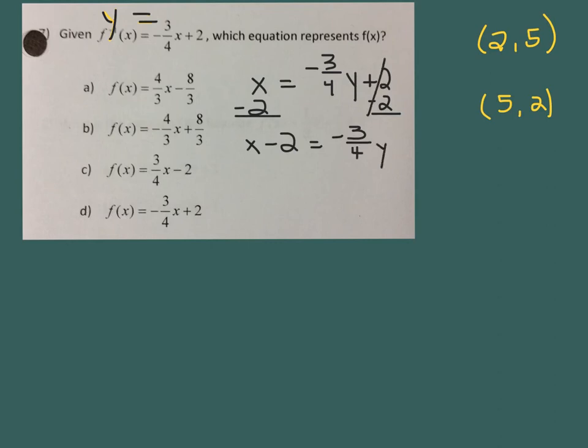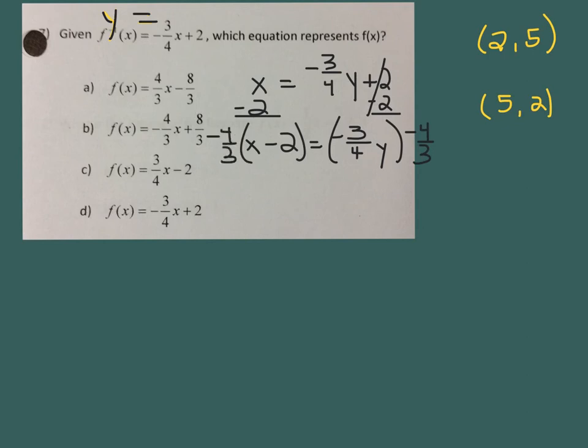And rather than dividing both sides by negative 3/4, I would just multiply by the reciprocal of this fraction. So the reciprocal of negative 3/4 would be negative 4/3. And don't forget the negative sign, because remember, a negative times a negative is a positive. We want to be left with a positive y on this side. All right, so then I'm also going to multiply this side by negative 4/3.